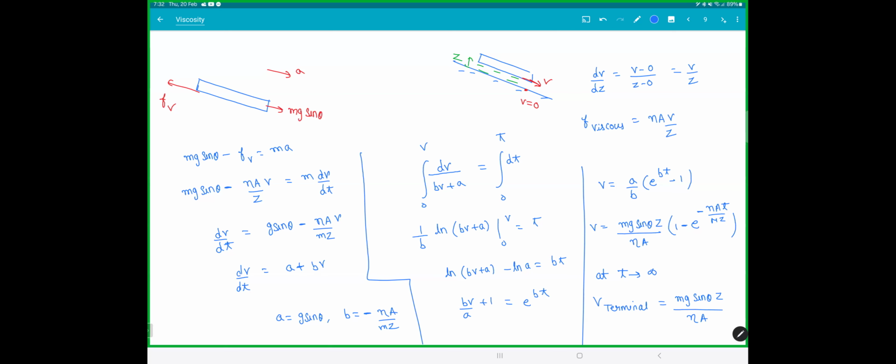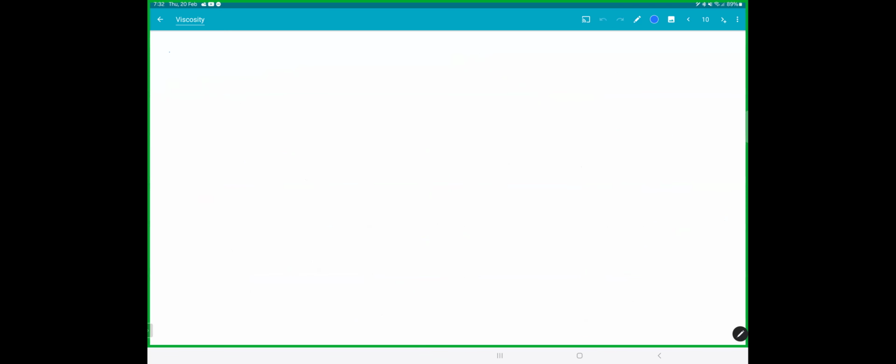Now again, look at the word terminal velocity, meaning your velocity became constant. Means what? Your acceleration is 0. So to find terminal velocity, we have mg sin theta minus F viscous is ma. So for v terminal, we can see v is constant.